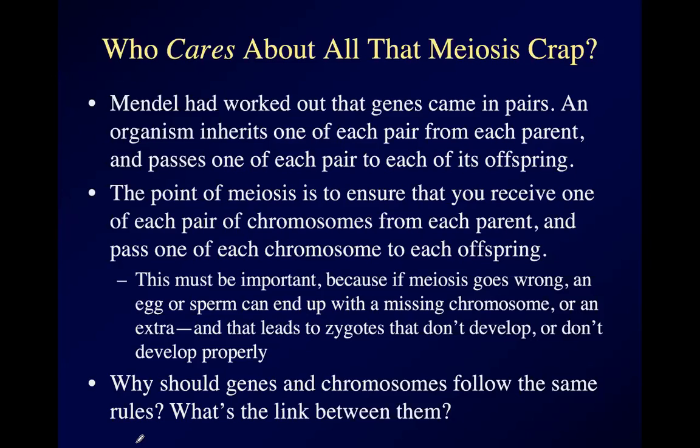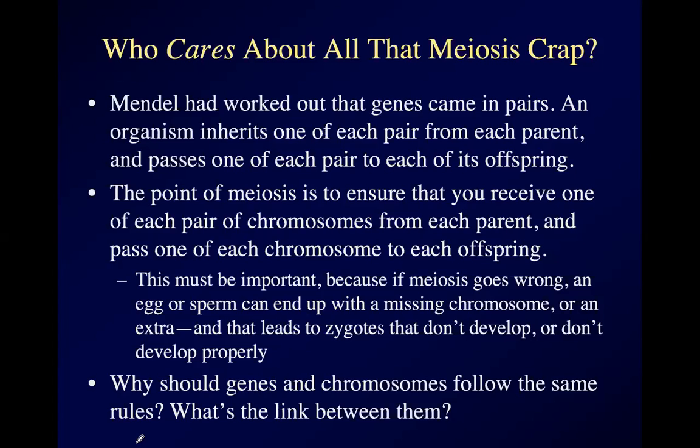You inherited one of your copies of chromosome 1 from your mom, and the other copy came from your dad. You inherited one of your copies of chromosome number 2 from mom and one from dad. You inherited one copy of chromosome number 3 from your mom and one from your dad, and so on. You got one of each pair of chromosomes from each one of your parents, and you will pass on one of each chromosome to each of your offspring if you have them.